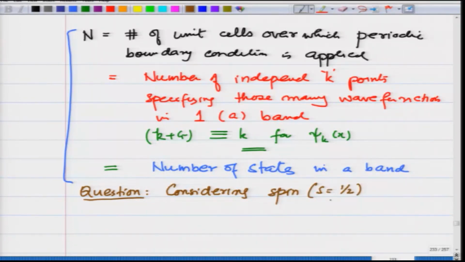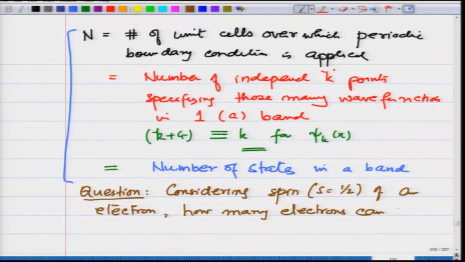It is 1/2 of an electron. How many electrons can a band accommodate?